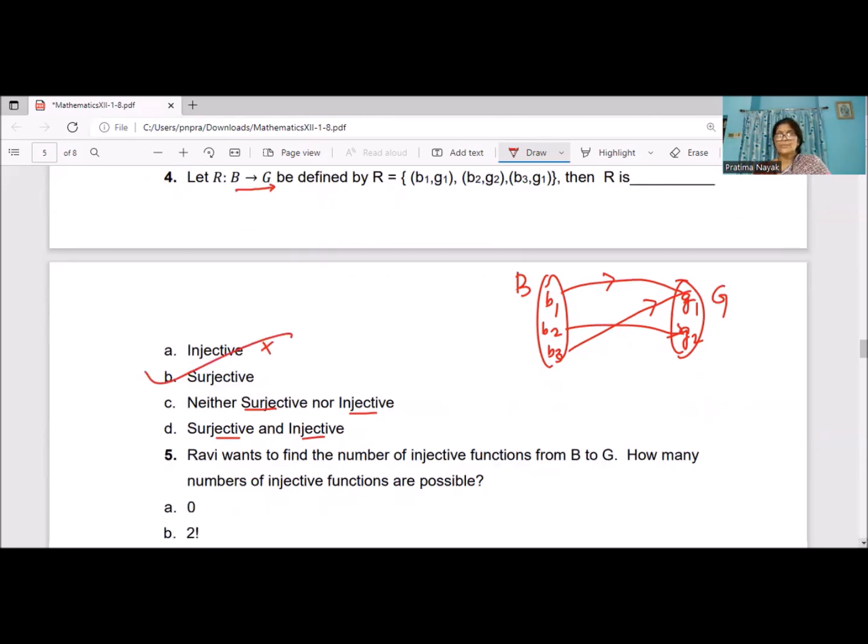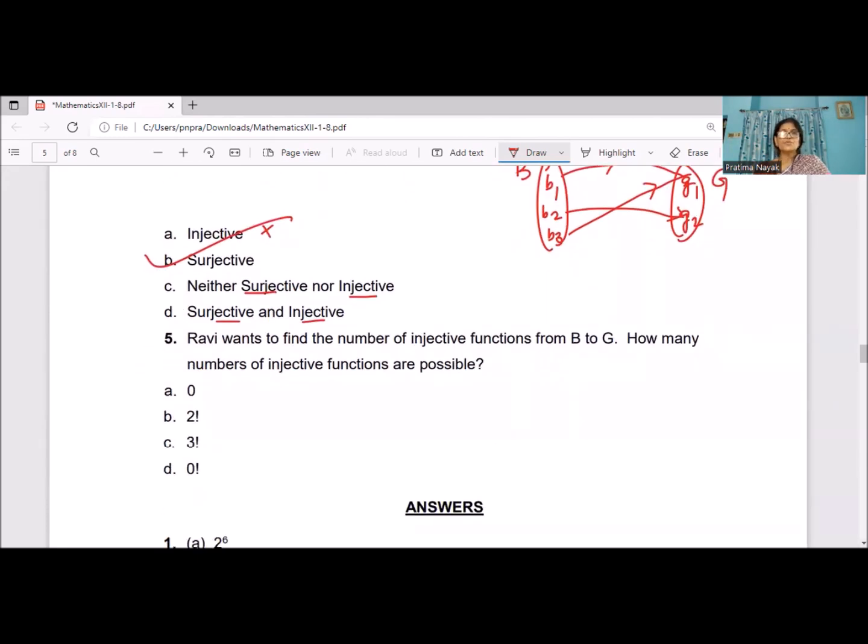Now coming to 5. Ravi wants to find the number of injective functions from B to G. How many injective functions are possible?